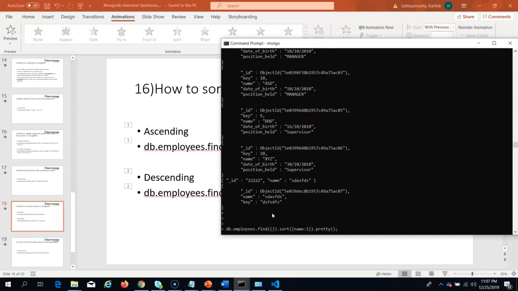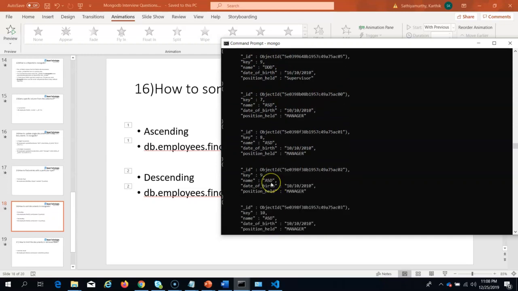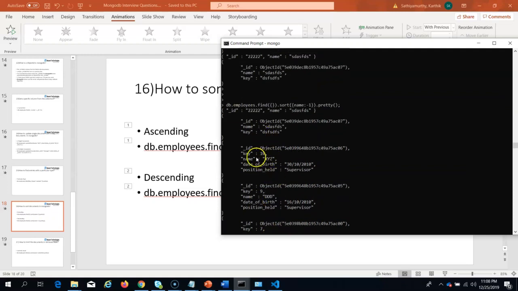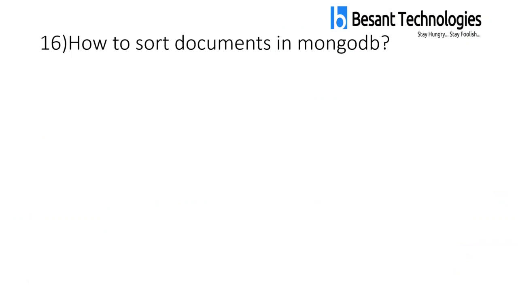If I want descending order, here you mention all the fields by which you want to sort. Here I want to sort only by name, so I have put name 1. Now I want to sort by name in descending order. If I put it like that, it will sort, so you can see XYZ comes on top. This way you can sort your MongoDB documents.